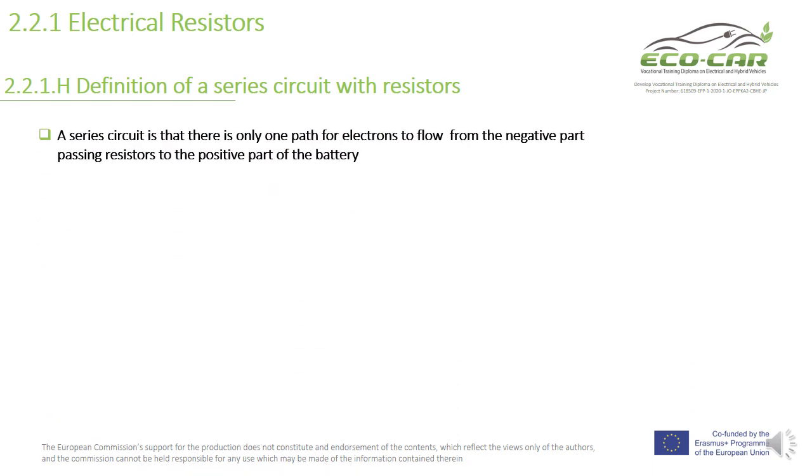Series circuit is that there is only one path for the electrons to flow from the negative part, passing resistors to the positive part of the battery, as we will see in this picture.